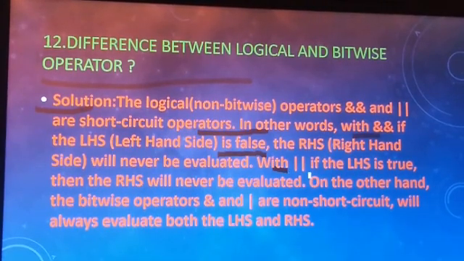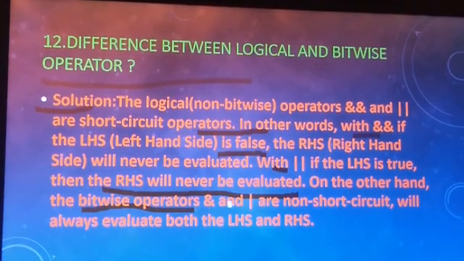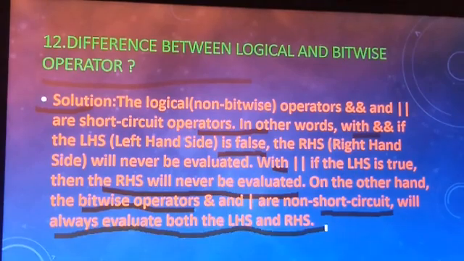With double OR, if the LHS is true, then the RHS will never be evaluated. On the other hand, the bitwise operators AND and OR are non-short circuit and will always evaluate both the LHS and RHS.